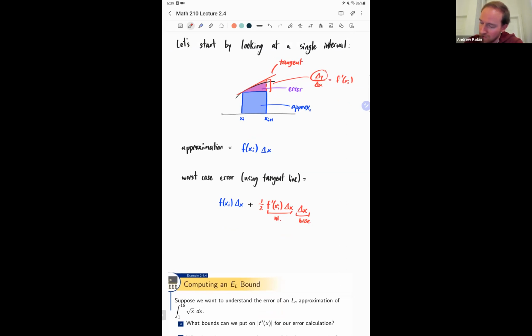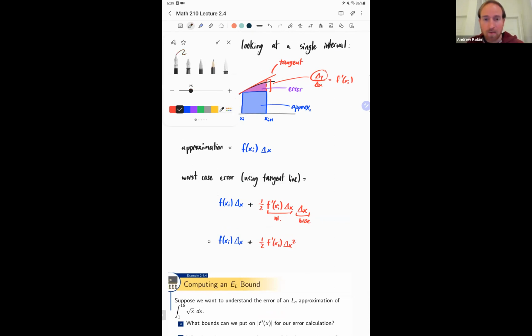Let's rewrite this in one step just to clean things up. It's this piece plus 1/2 derivative at xi times delta x squared. Okay, so there we go.